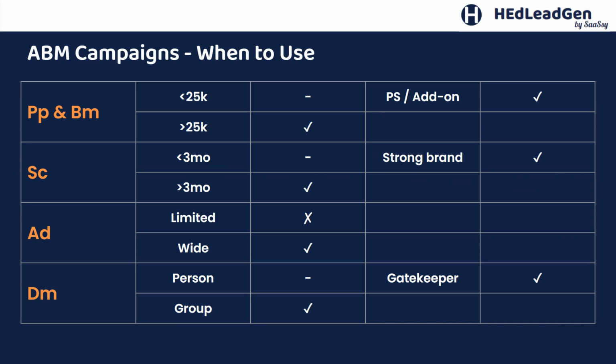Now, if you're dealing with one or two persons only, and the decision of the purchase is limited, then you will only address that if you have to get through a gatekeeper. Then you will want to target specific roles like assistants or deputies that you want to get your solution in front of.